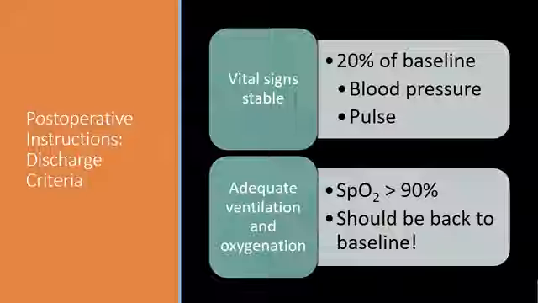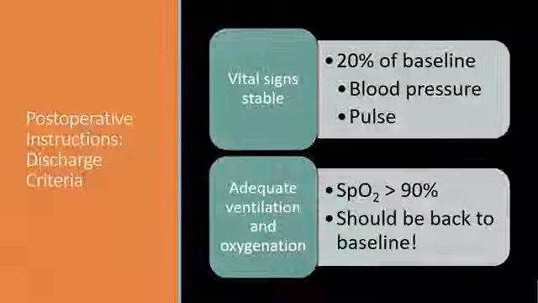That's not appropriate. You want to make sure that they're able to maintain their own breathing, that they're able to demonstrate adequate ventilation and oxygenation. You want their pulse ox to be reading well above 90, I would even say above 95, and you want it back to baseline. Now, the key point here that I will make is that when the procedure's over, as they start to wake up, you start to wean them off the supplemental oxygen delivered through the nasal cannula.